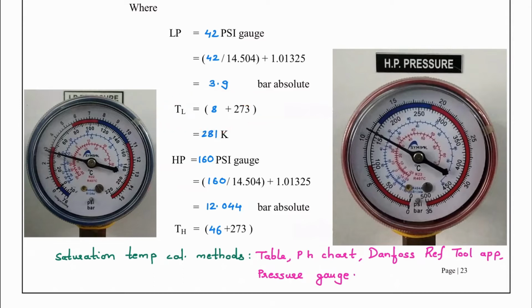Now the next method we will see is known as the Danfoss refrigeration tool app. Just remember we have a 160 PSI gauge and a 42 PSI gauge as the LP value. From there we can calculate the saturation temperature, so we can confirm this value now.